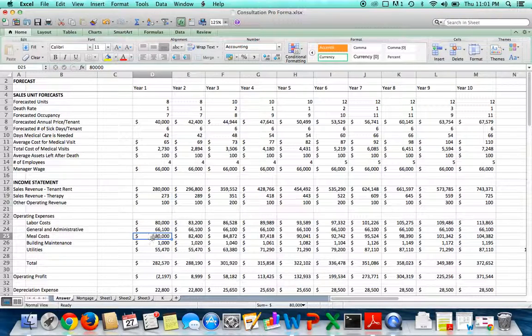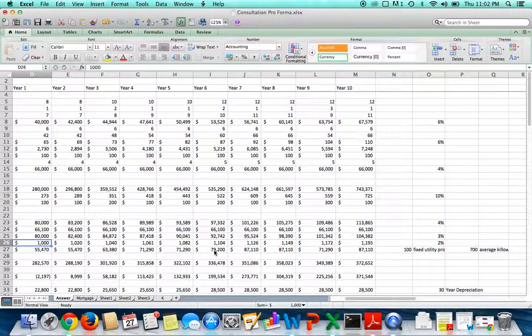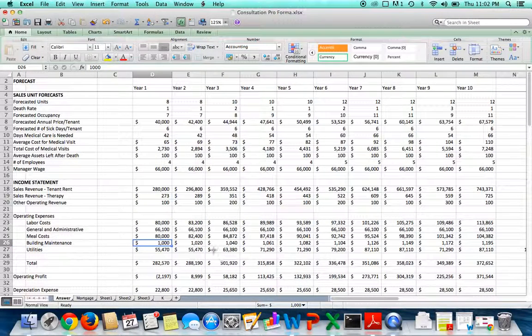Our meal costs, we looked on the internet and found that to run a care home is around $80,000 per year. Our building maintenance, we said to be about $1,000 per year, increasing by 2% per year.